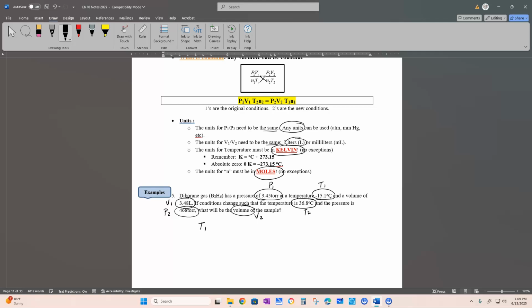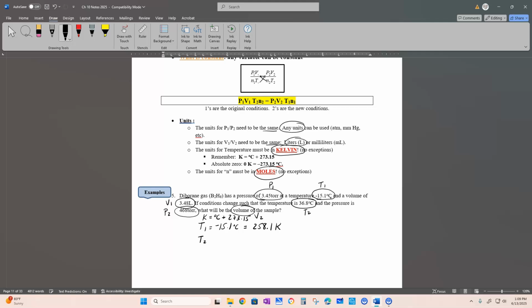Let's get those T1s. So negative 15.1 degrees Celsius. We have to make sure we first show AP our equation: T plus 273.15. With our calculator, now that's a negative 15.1, so this answer won't be greater than 273. I'm going to get 258, but I do need one digit after the decimal, so 258.0 Kelvin.